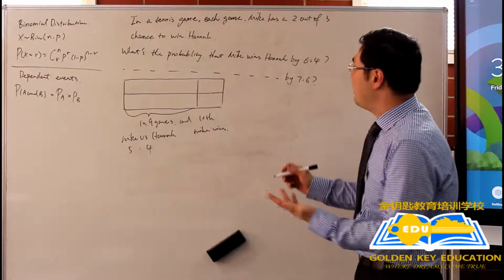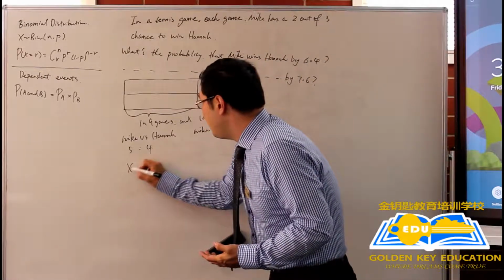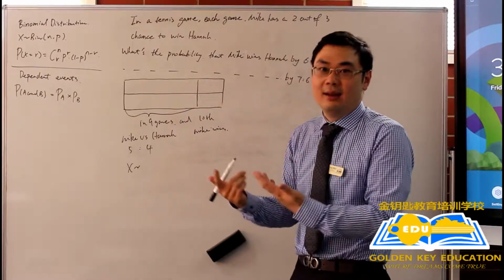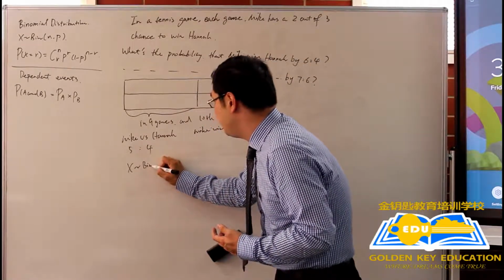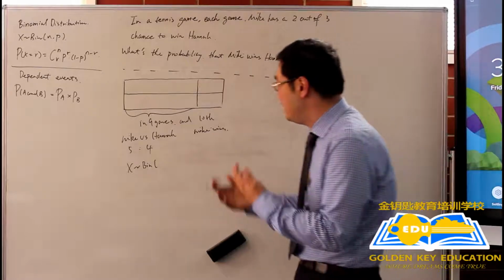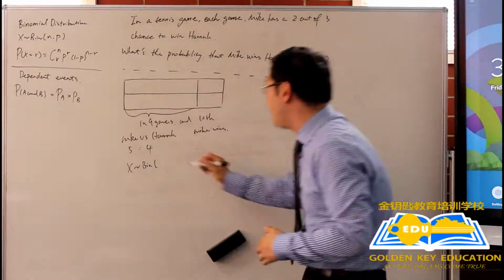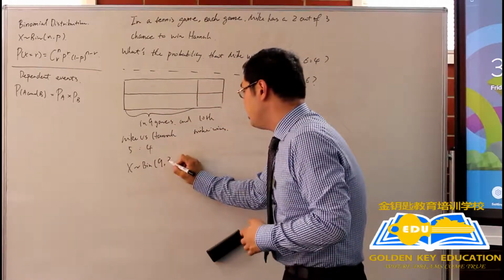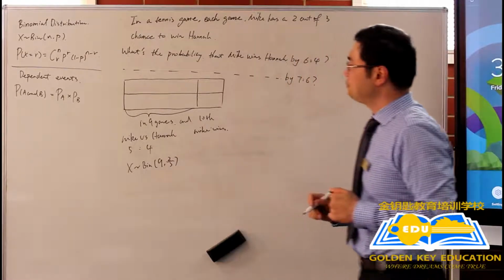Therefore, rather than using 10 games, we should use X to represent a binomial distribution just for the first 9 games, and the chance of winning is 2 out of 3.